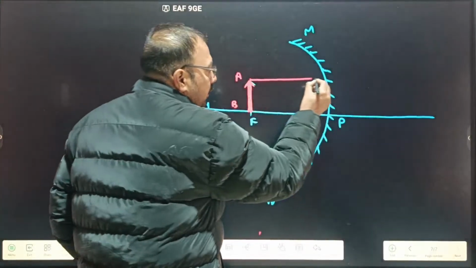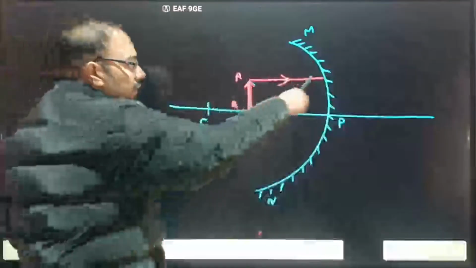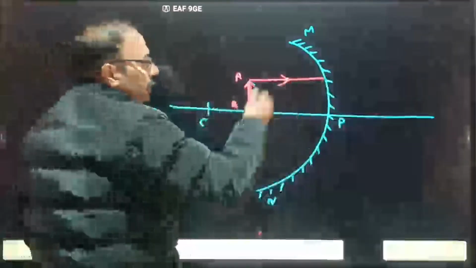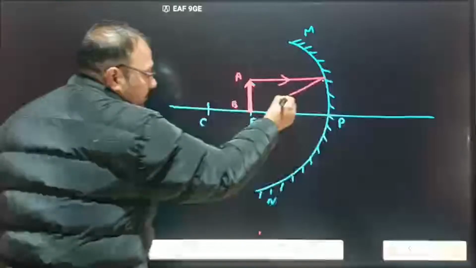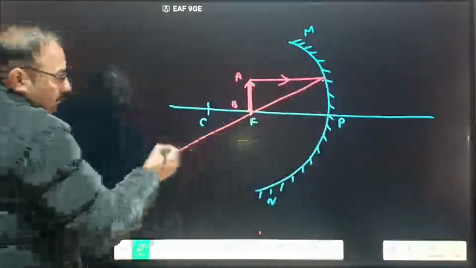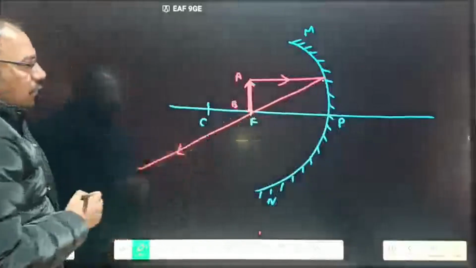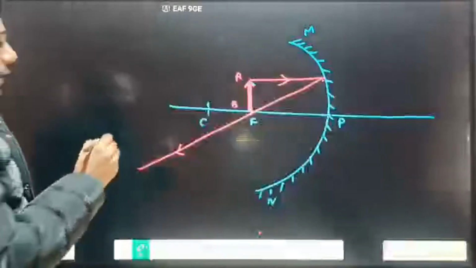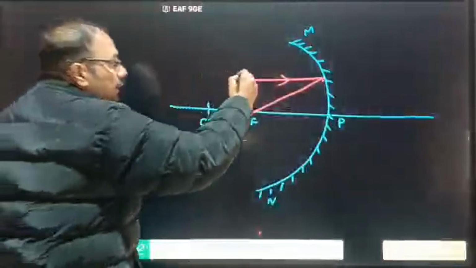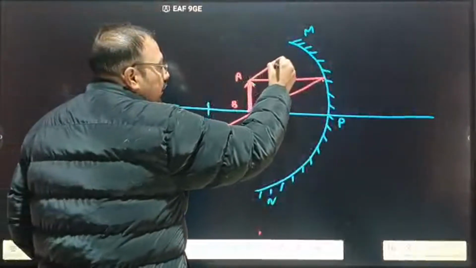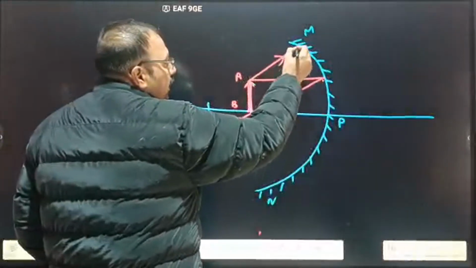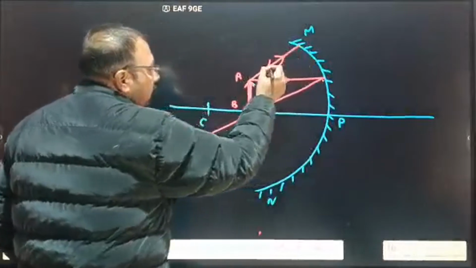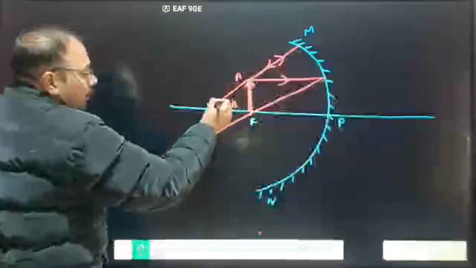So this is the parallel ray. This strikes this surface, and after striking it passes through the focus. Okay, so the next ray we take, this is the second ray, so this strikes at this point, and after the strike it is reflected in the backward direction.